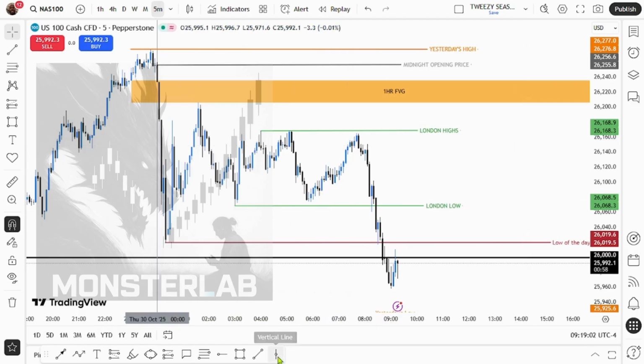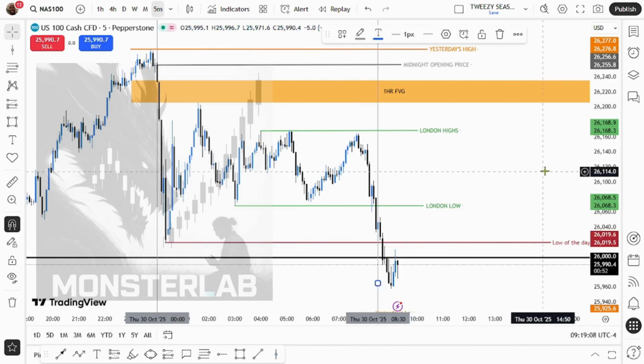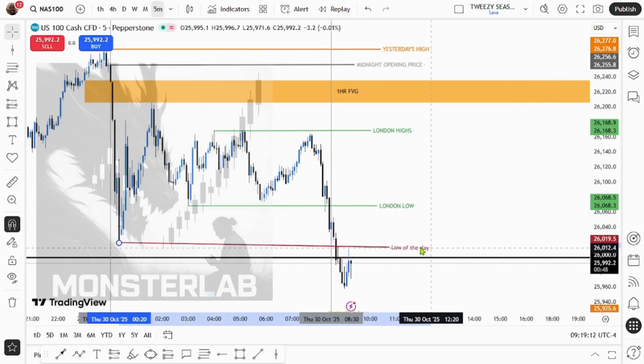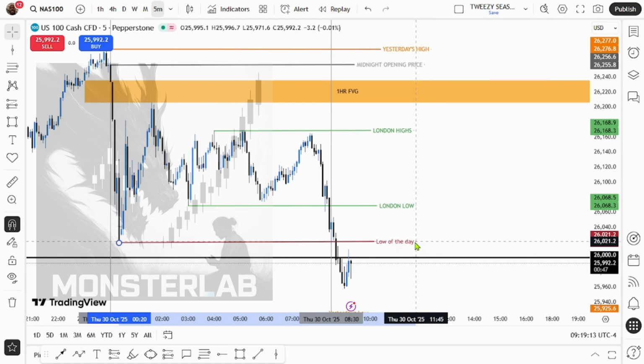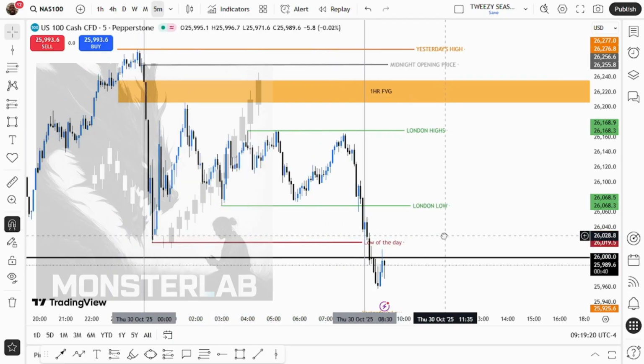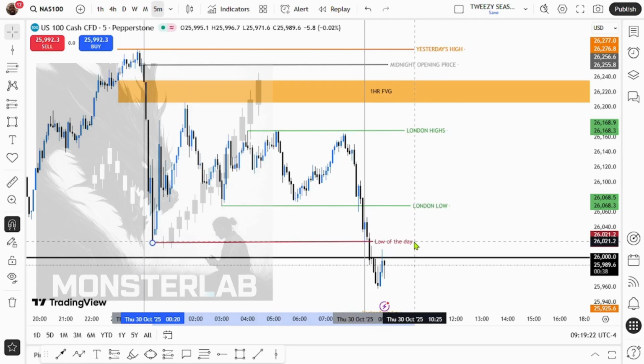I think price should reach it down below first before going to this 1 hour orange fair value gap above price, and maybe reach for yesterday's high, which is above midnight opening price. I'm not really expecting much in price movement for today because we have no major impact news.